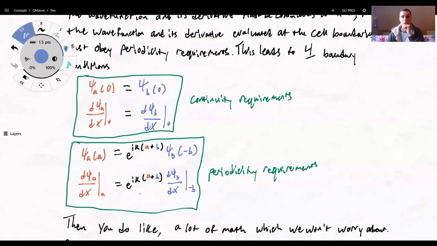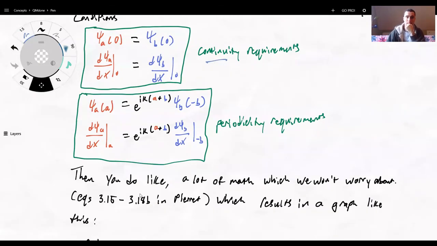So like before, there's the continuity requirements, where not only are we going to define that both the A and B are going to be 0 at x equals 0. And recall the way we defined x, we're going to have B being, I believe it's a little bit below, A is a little bit above, but they're both going to be 0 at x equals 0. And then the derivatives are going to be equal to one another.